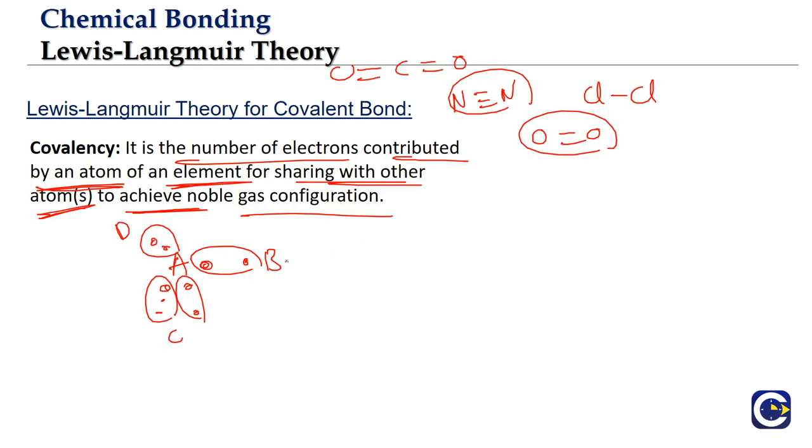Now let us look at the covalency. Atom B is sharing only 1 electron, so it is forming a single bond with atom A. So the covalency of B is 1, because it is giving 1 electron for sharing, which means it is forming 1 bond. And what about the covalency of C?